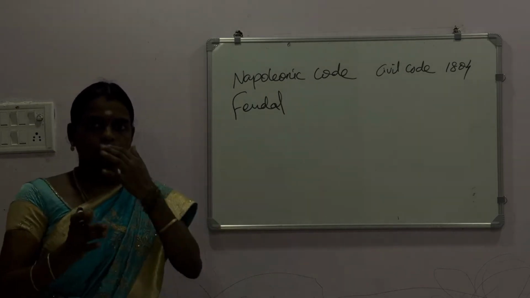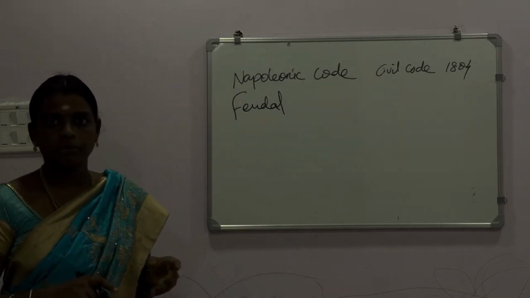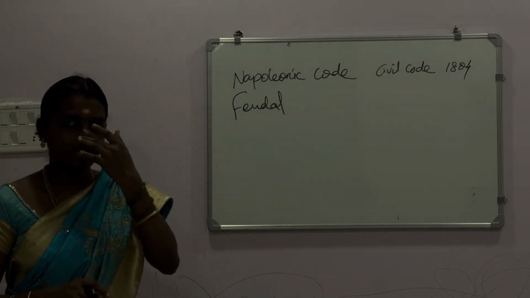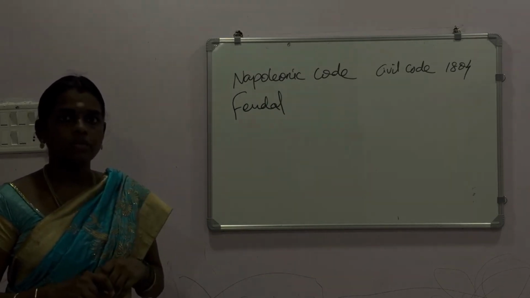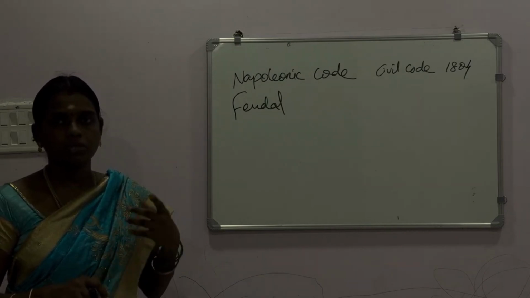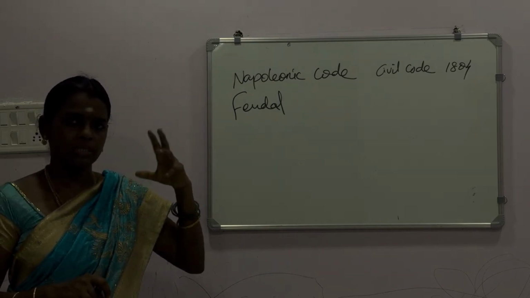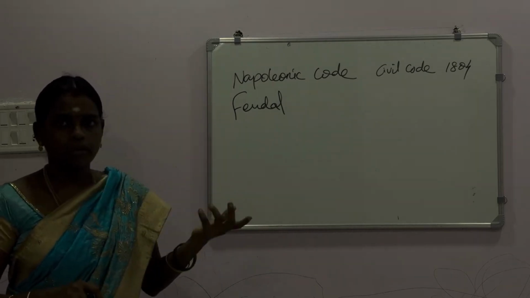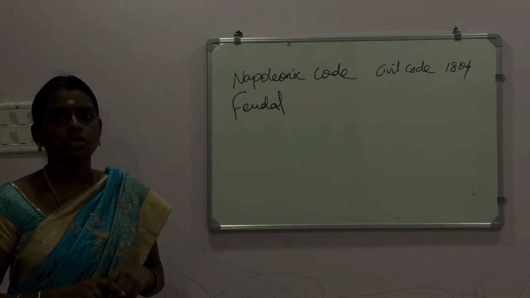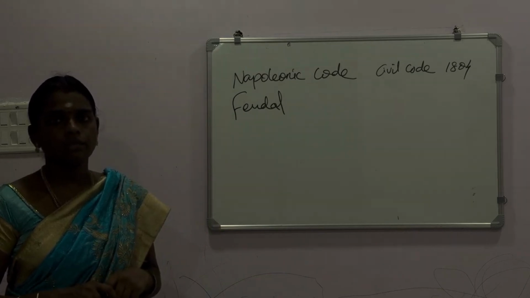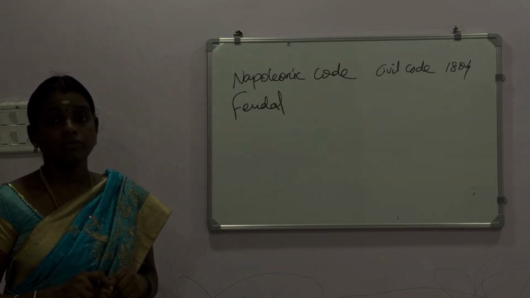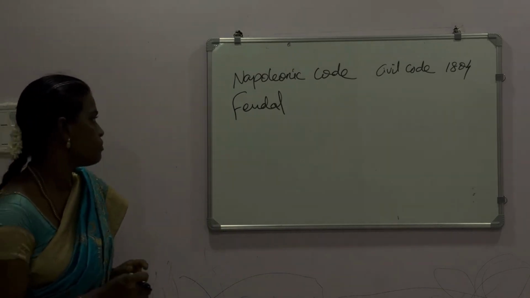That kind of arrangement existed at that time. That is feudalism. Feudalism existed not only in France but also in India, in former India also. So this condition was abolished as one of the changes of the Napoleonic Code.